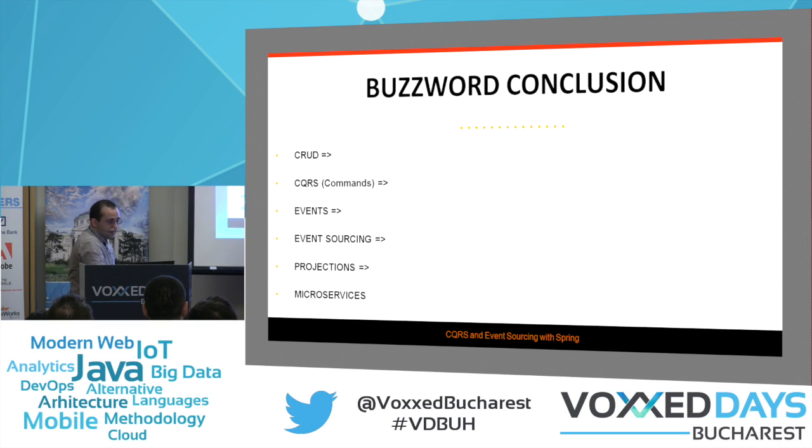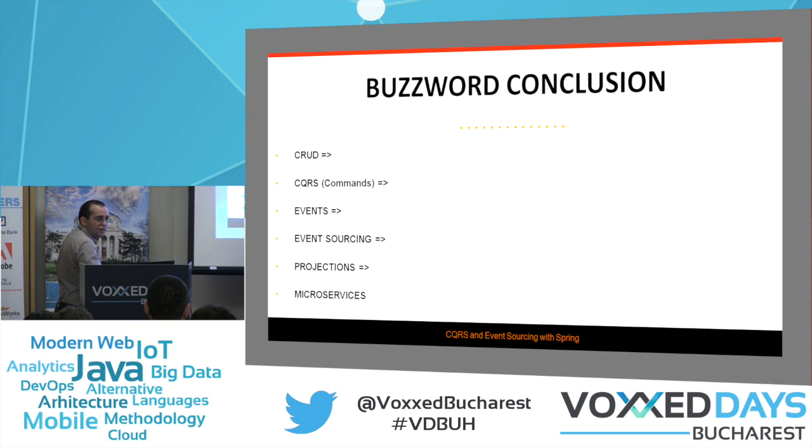All right, and now a quick buzzword conclusion. So we started with CRUD. We immediately went to CQRS, and we started looking at commands. Commands naturally evolved towards events and event-driven. We picked event sourcing, again, not the only way to do event-driven, but a very good way. We saw that we needed something else beyond the event store.